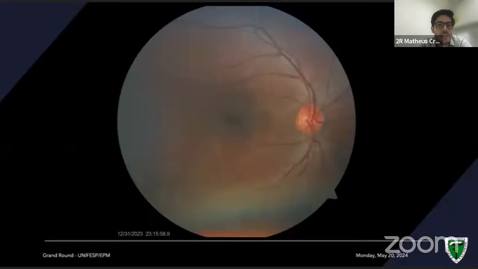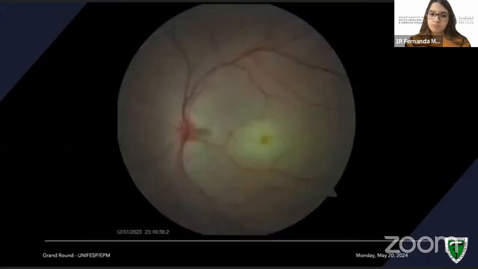And the endoscopy of the right eye: we have a pink optic disc with sharp margins, normal vessels, normal macula, and attached retina. On the left eye, we have optic disc with unclear margins, diffuse retinal pallor, a cherry red macula, and attached retina.